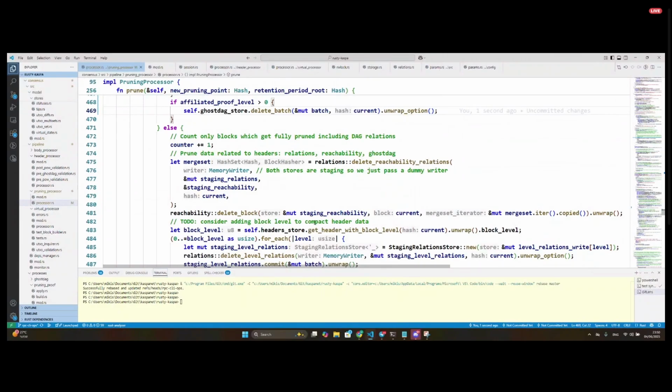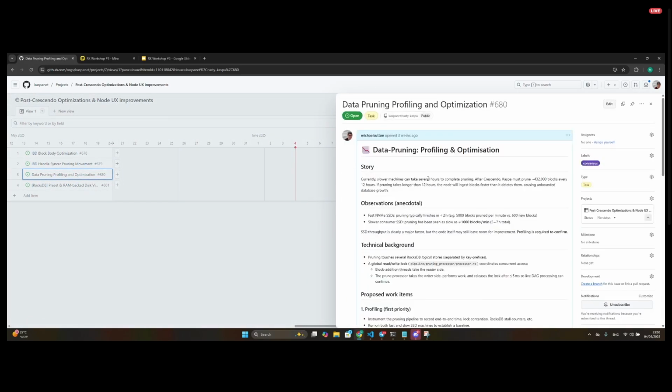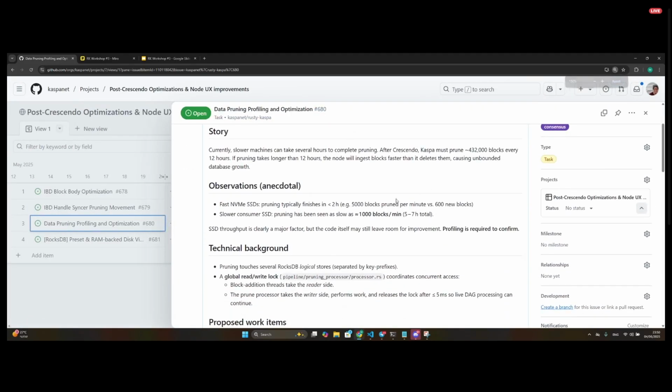So here's the main point where I think things can be optimized, where there's room for optimization in terms of the pruning process. In the task I wrote not so long ago, I observed that currently on mainnet there's not so much block data. After mainnet switched to 10 bps, I was following to see pruning efficiency.